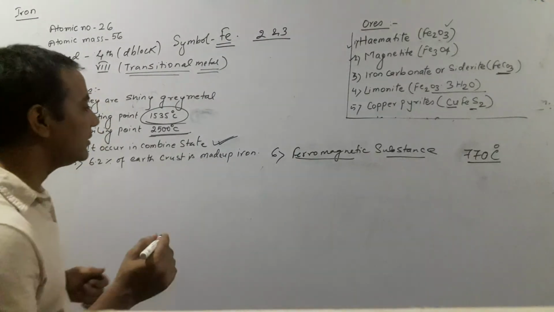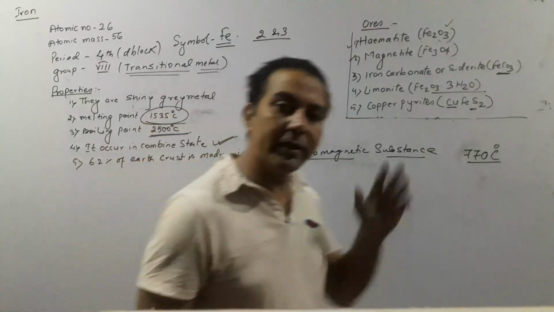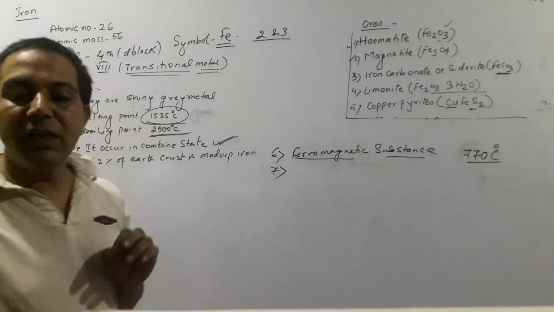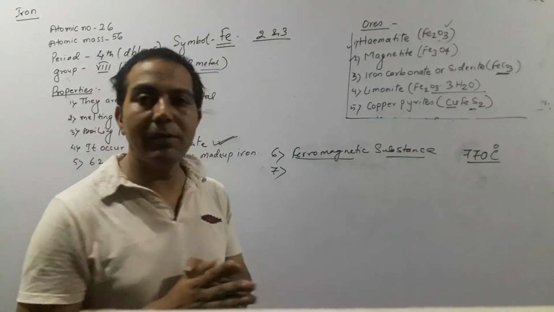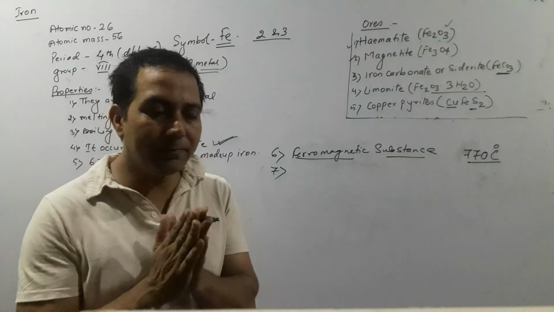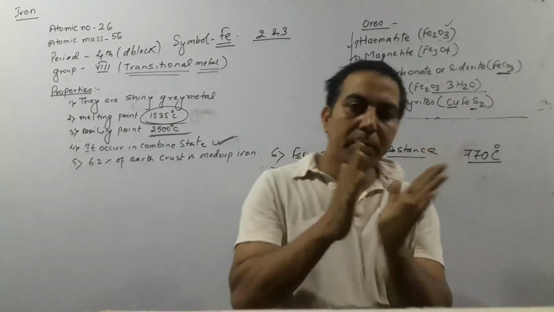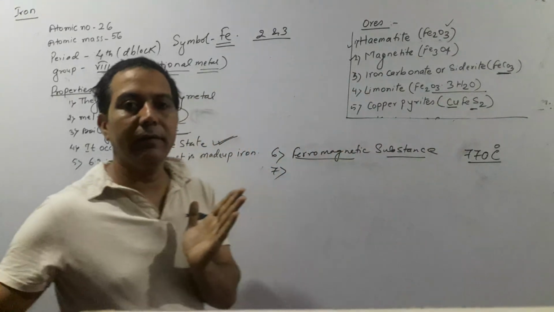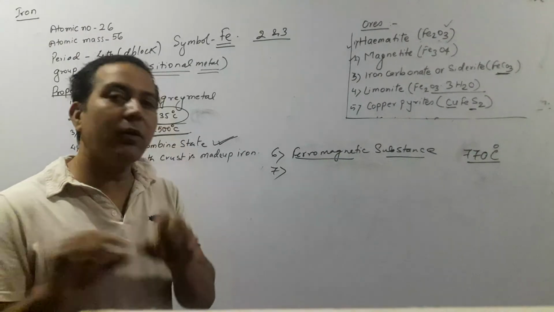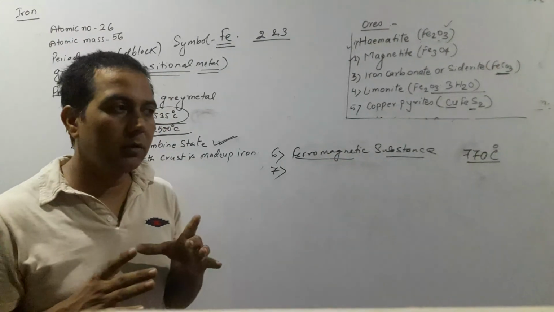Then the next one is they are malleable and ductile. We have already studied malleable and ductile. Malleable means it can be beaten into a thin plate from a thick one without breaking, like an iron sheet made from an iron block.